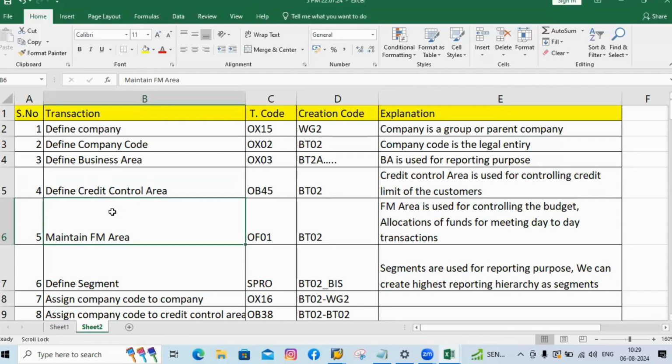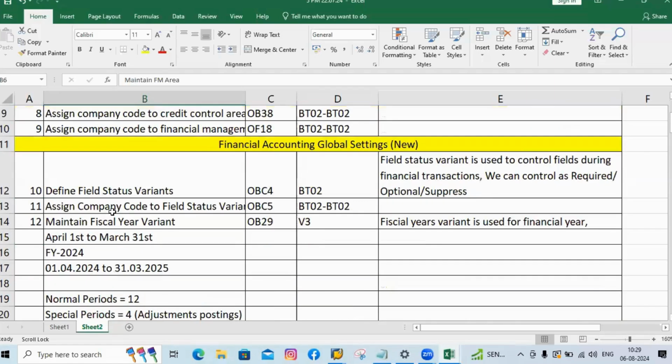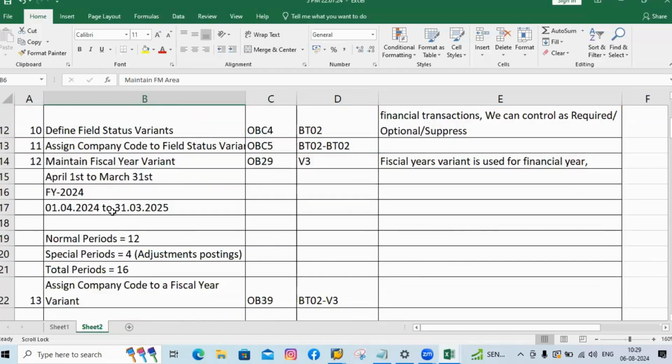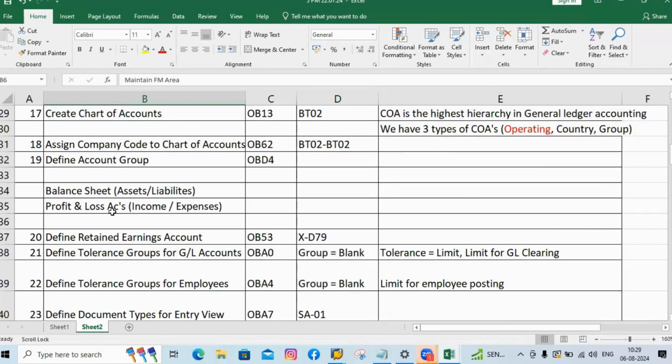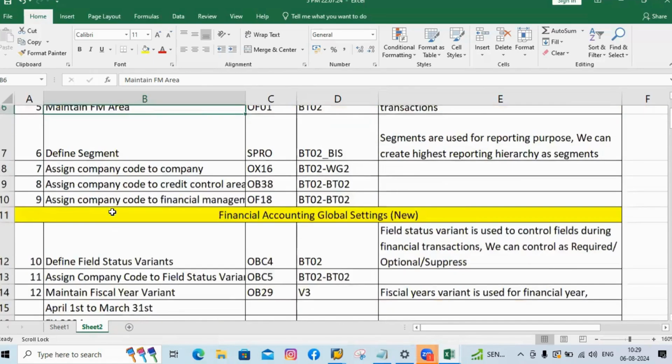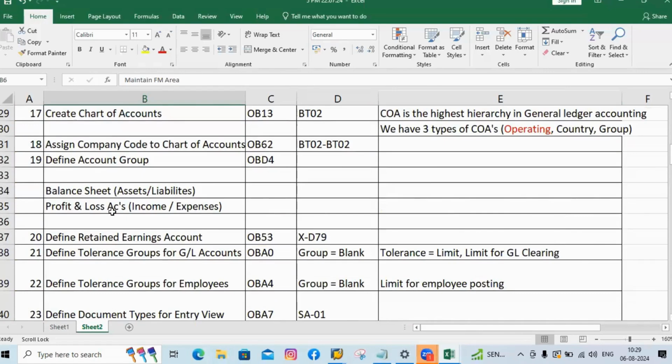What is the use of FM area? It is used to control the budget. Okay.